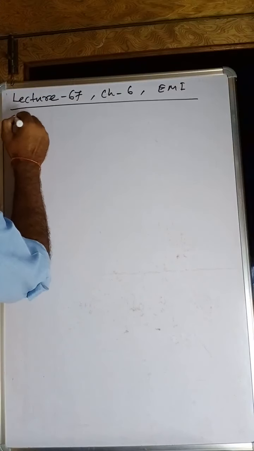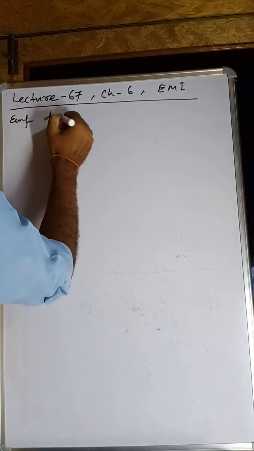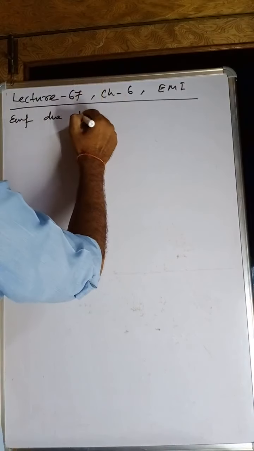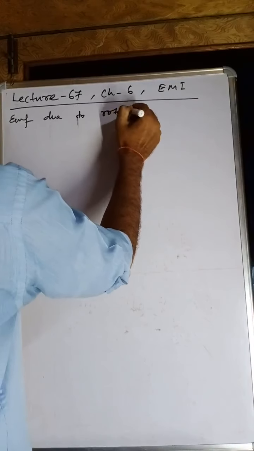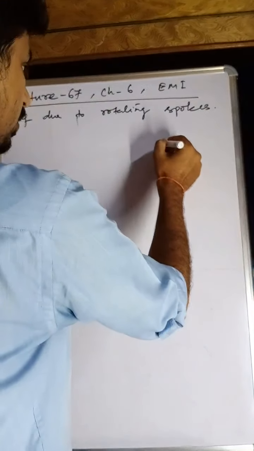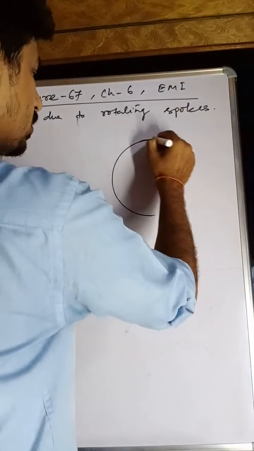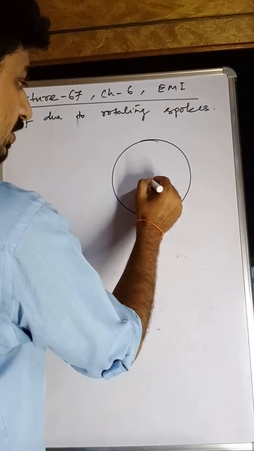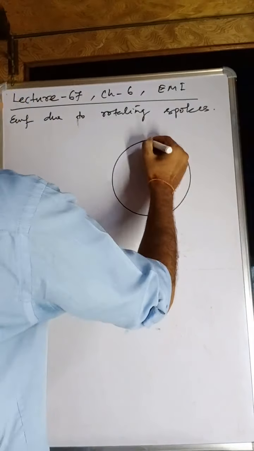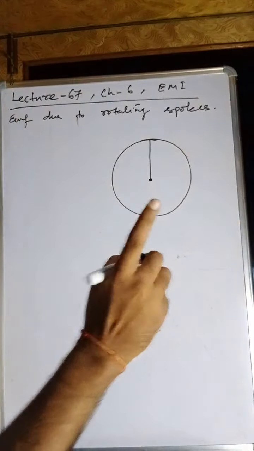EMF due to a rotating spoke of a cycle. You know that a spoke of a cycle is straight like this, and this is the center, that is the axle of the cycle. The number of spokes is provided. Here we are considering one spoke.